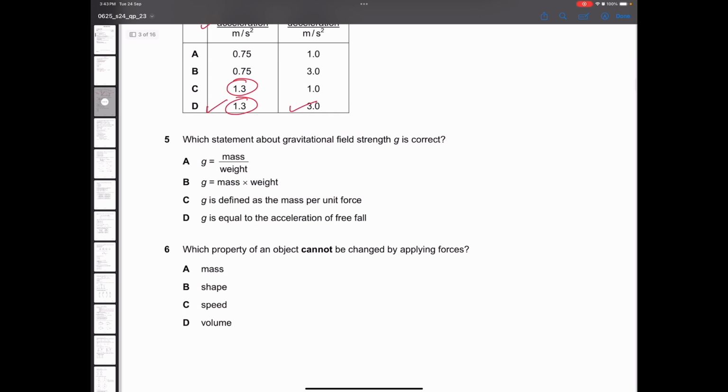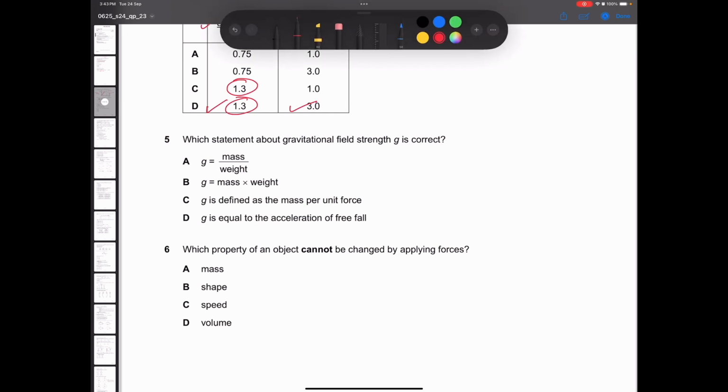Next question, which statement about gravitational field strength g is correct? So we know that weight is equal to m times gravitational field strength. Now according to the formula, g should be equal to weight over mass. Are they saying weight over mass? No, this is incorrect.